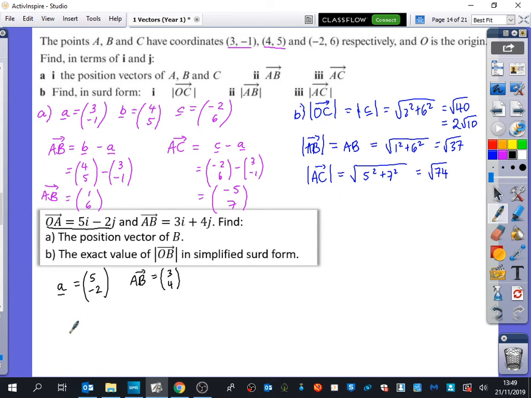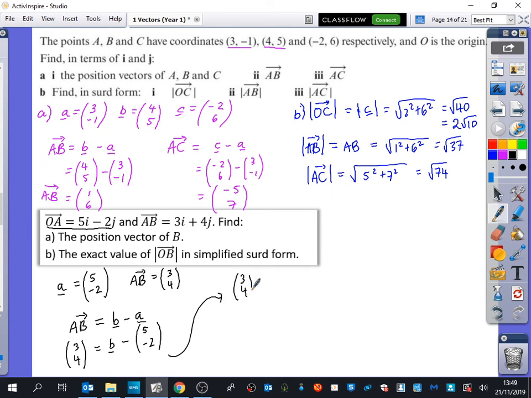But I know some sort of relationship between A, AB, and B. I know that AB is the second letter, take away the first letter. So AB is (3, 4). That's equal to B minus (5, -2). Yeah, I'm going to add this vector, just like I would solve a normal equation, to the other side. So I'm just going to come up here.